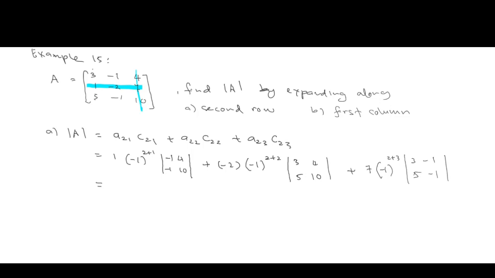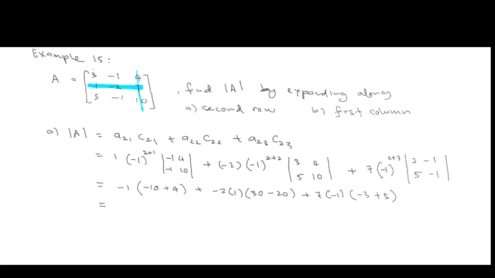Simplifying this, we have -1 multiplied by (-10 plus 4), plus -2 times 1 times (30 minus 20), plus 7 times negative 1 times (negative 3 plus 5). The answer is negative 28.